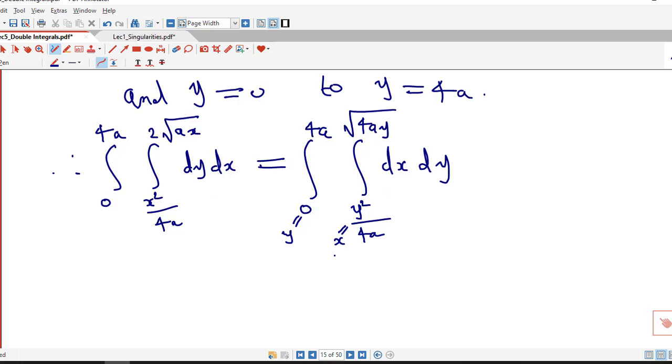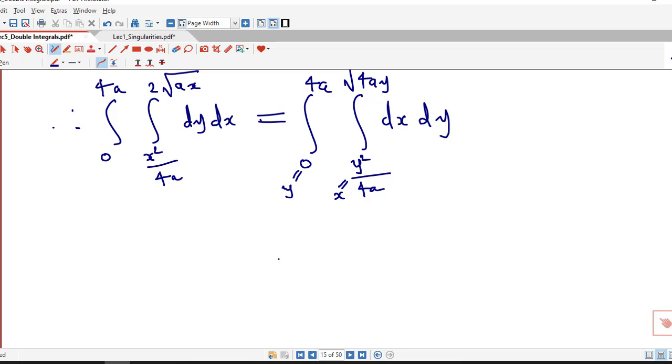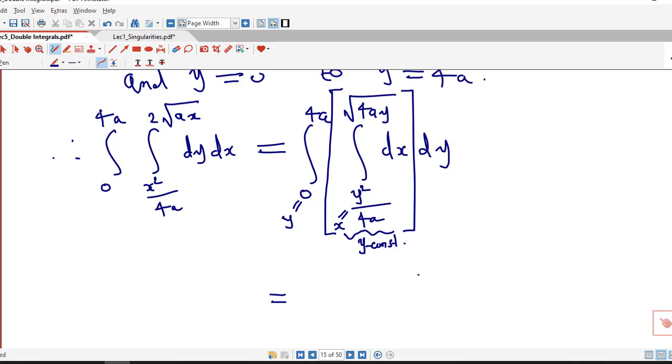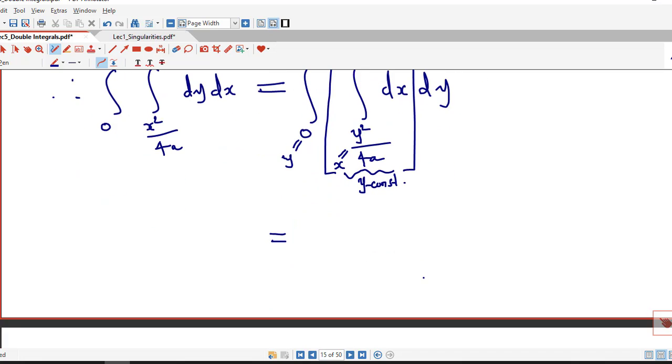Now we integrate with respect to x first. As we know, this is the inner integral. While doing this integral, we will consider y as constant. So integral of 1 with respect to x is x.